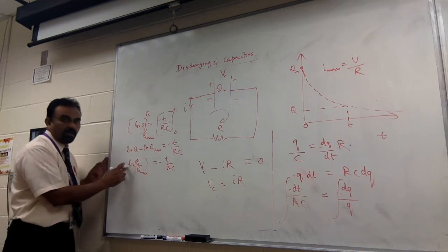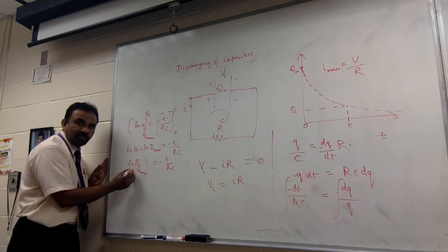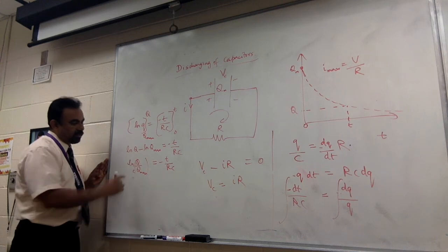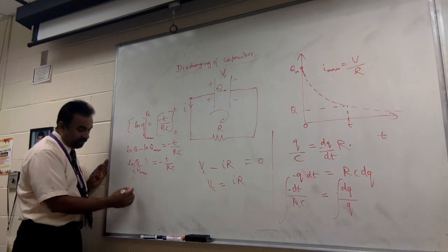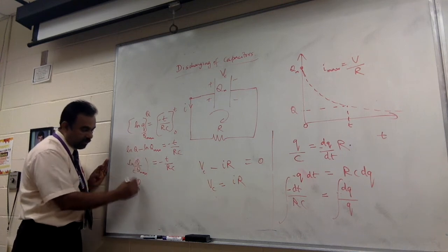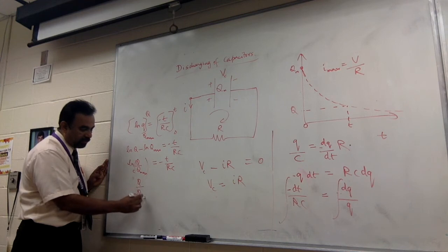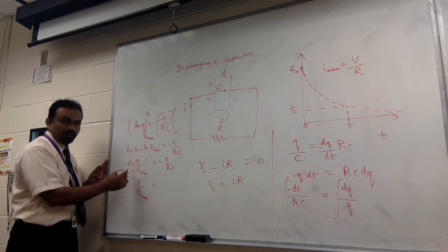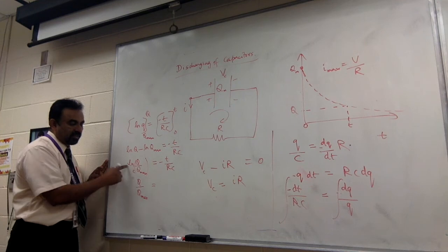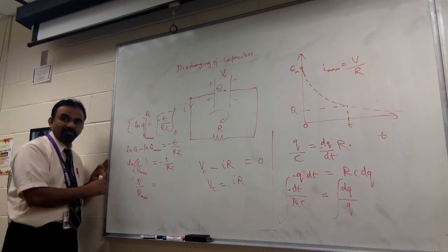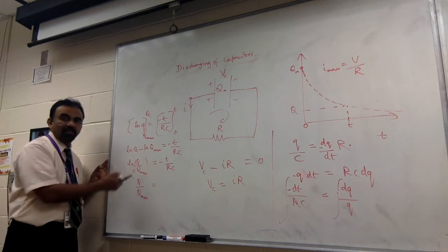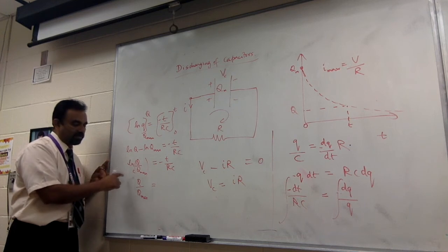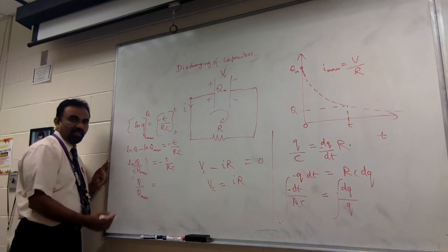Now when you say natural log, what is the base here? E. So if I want to get rid of this natural log of Q over Q max, how do you get rid of logs? Take both sides to the e power.